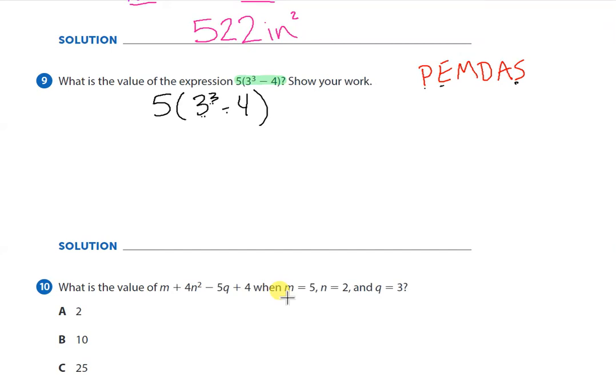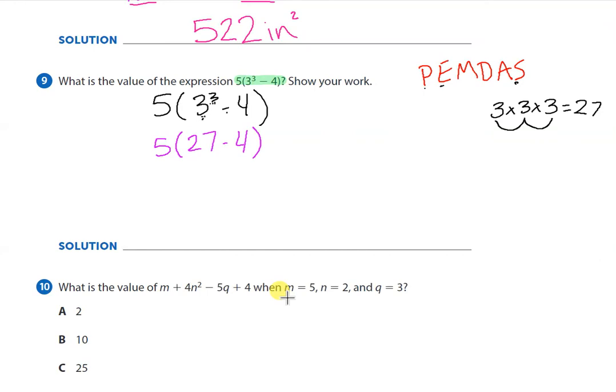The exponent came first. So we're going to do the 3 to the third, which means 3 times 3 times 3. There are three 3's in this multiplication sentence. 3 times 3 is 9. 9 times 3 is 27. So now we've got 5 times (27 minus 4).